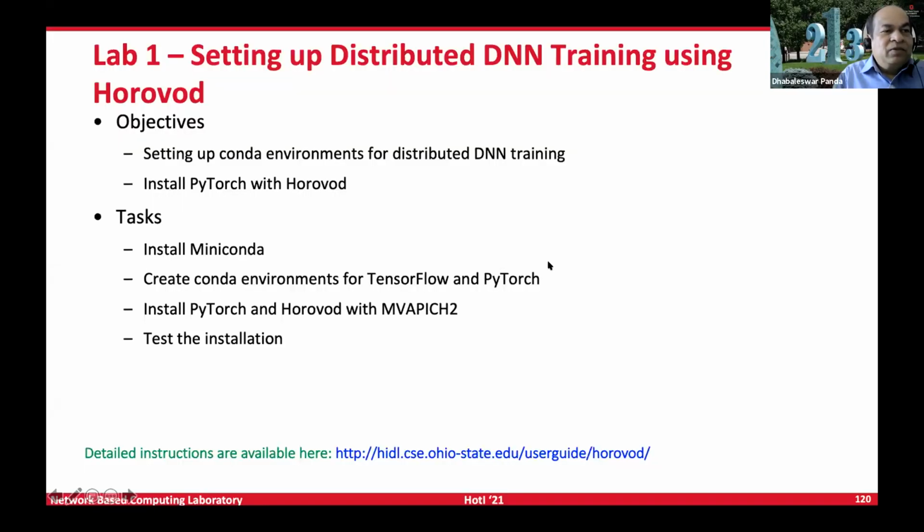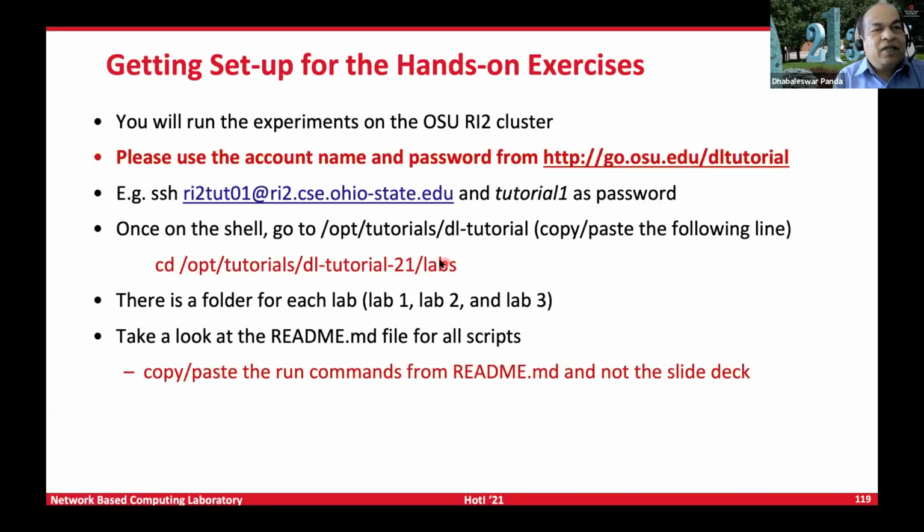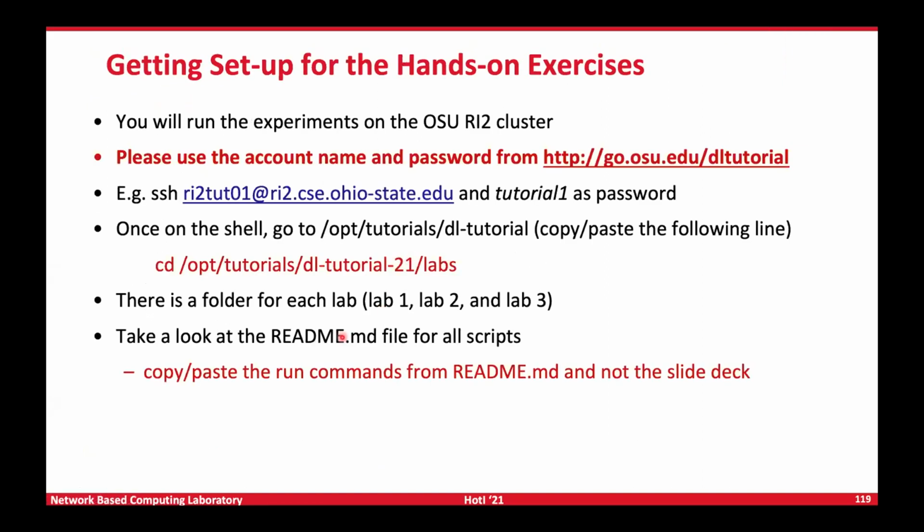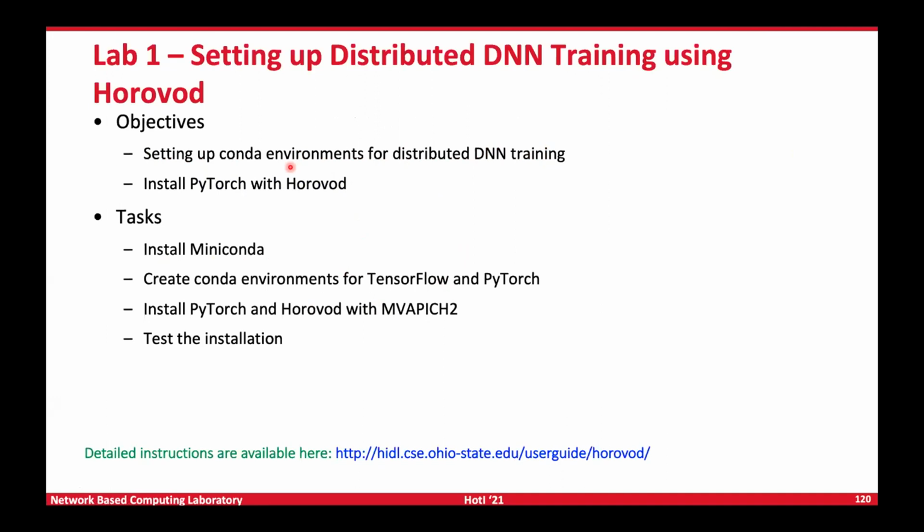So lab 1, which we will not be doing, but those who are interested can get started with that, and we'll come back to lab 2 onwards. Those who are interested in lab 1 can do it. It is not mandatory. You will be in this directory once you log in, and we have lab 1 where we set up the environment for distributed DNN training using PyTorch and Horovod.